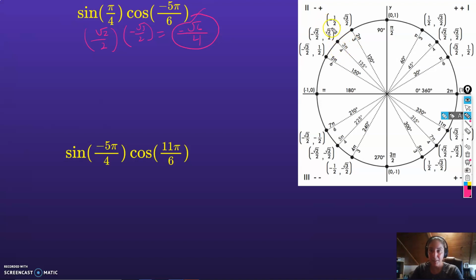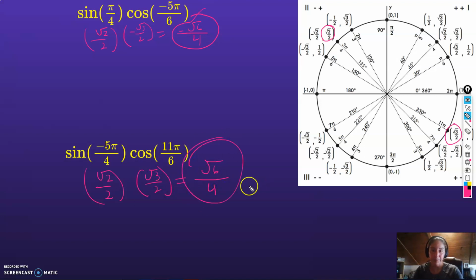All right, we want the sine, so we're going to take the y value, root 2 over 2. Cosine of 11 pi over 6 is here. Cosine is the x value, times root 3 over 2. That'll be root 6 over 4. Done.